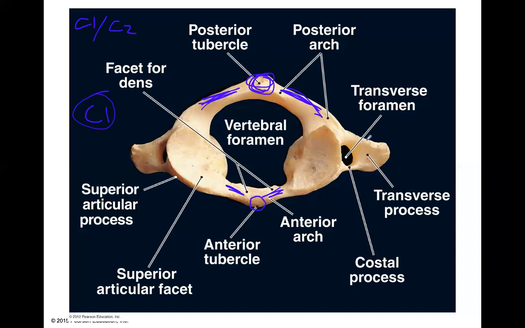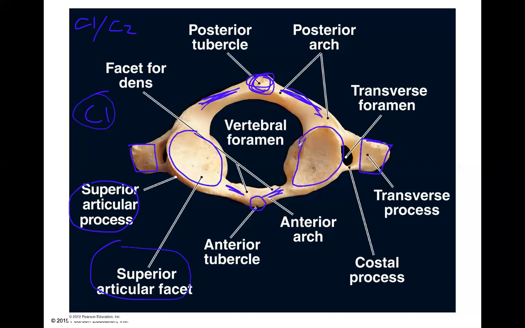The atlas does have very wide and long transverse processes. It's the longest of the entire cervical spine. Here is the superior articulating process with the superior articulating facet. This superior articulating facet of the atlas is going to articulate with the occipital condyles of the skull.